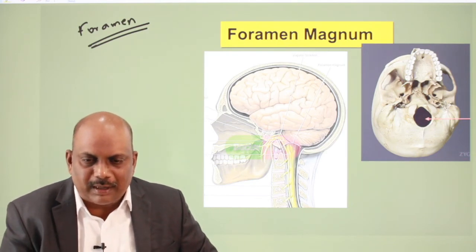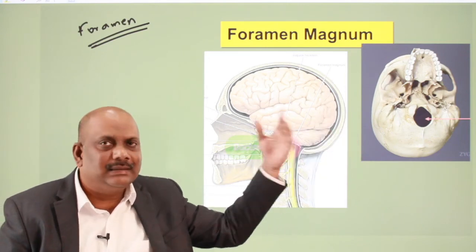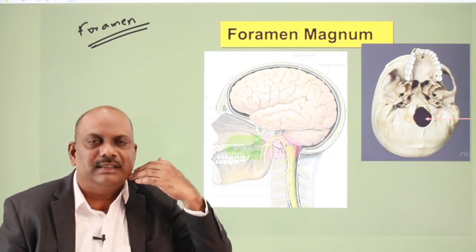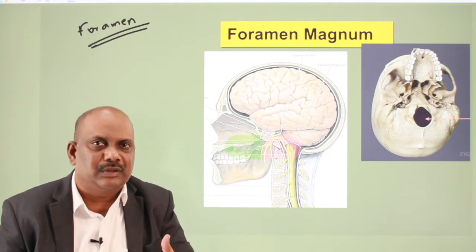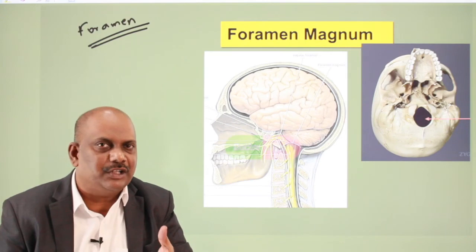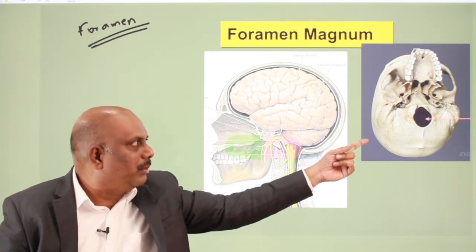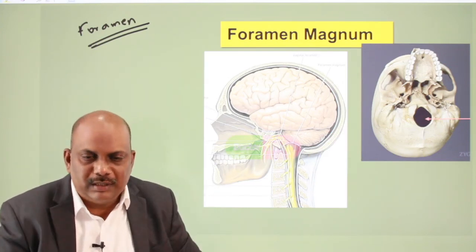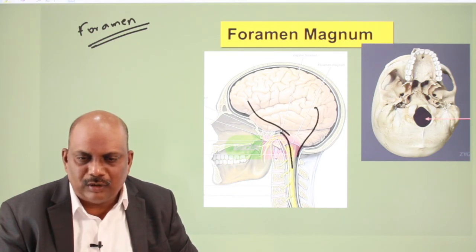This is the foramen magnum. You can see here, right? This is the bottommost portion of the skull, in which the lower jaw has been detached. So this is the foramen magnum, an opening through which the brain continues as the spinal cord.